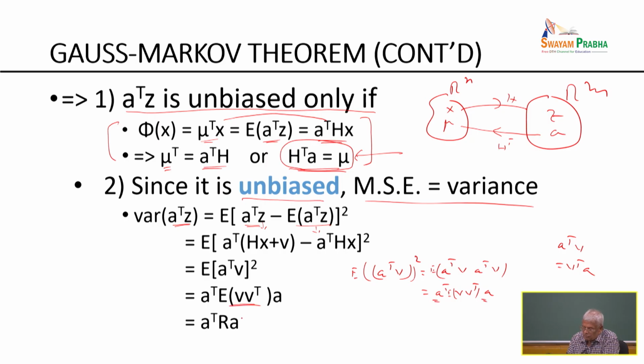But the expected value of V V transpose is R. So R is a matrix, and A transpose RA is a quadratic function, a quadratic form of A. A is an m vector. So the variance of this is simply A transpose RA. So that's the next result. This is conditioned on it being unbiased. So this is the variance of the unbiased estimate, which is A transpose Z.